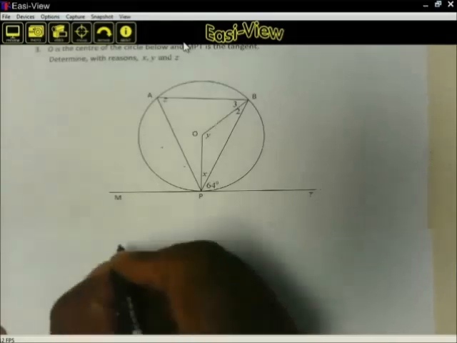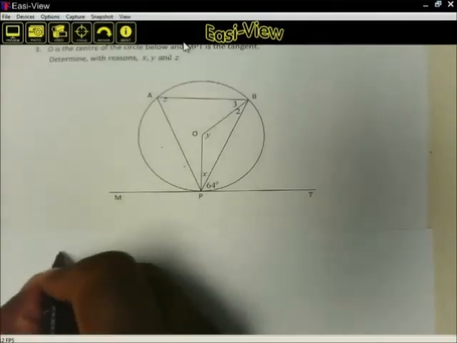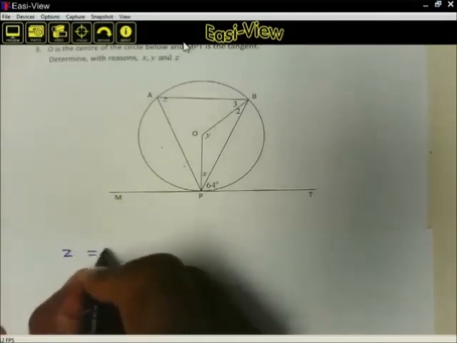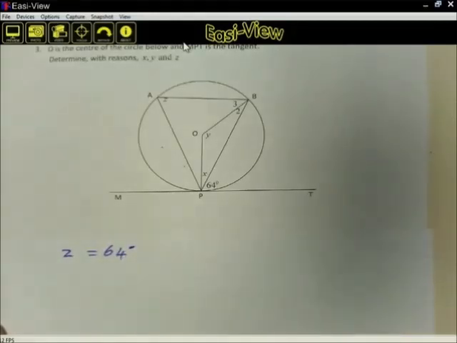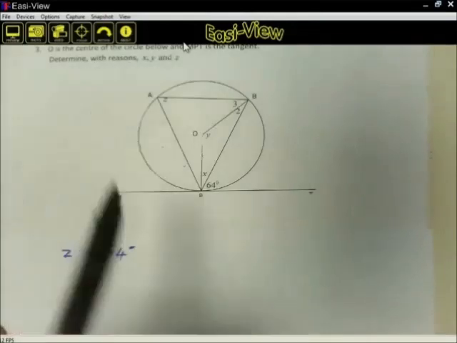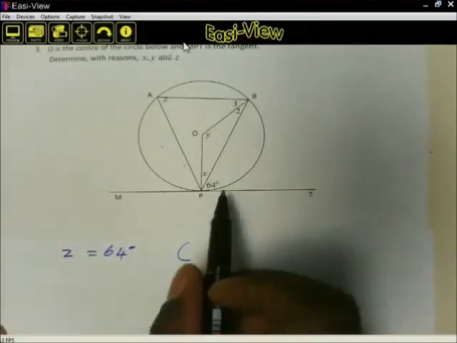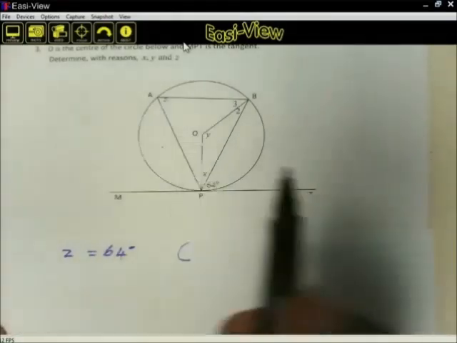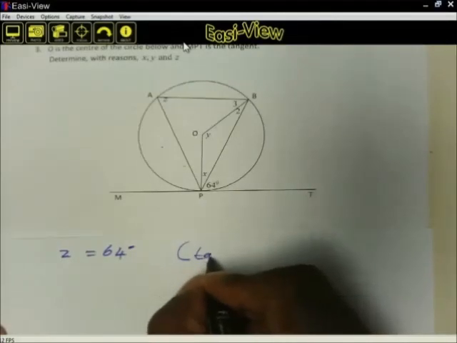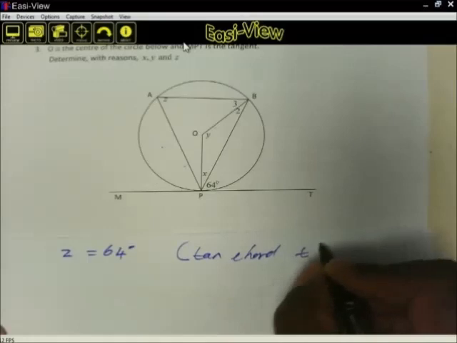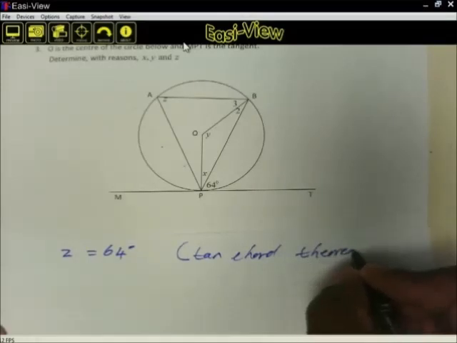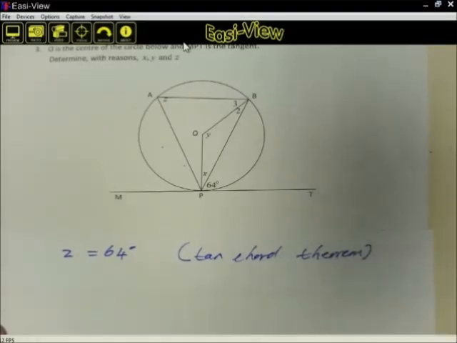That's why Z is equal to 64 degrees. Now you've got to provide a reason. Why do I say 64 degrees equals Z? It's because of the tangent-chord theorem. That's how we determine Z.